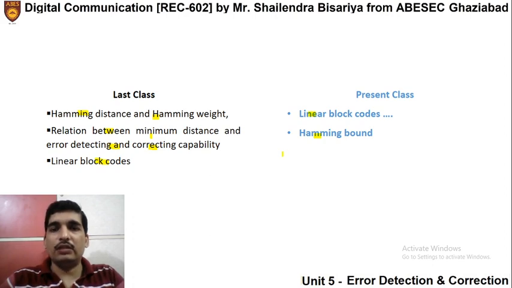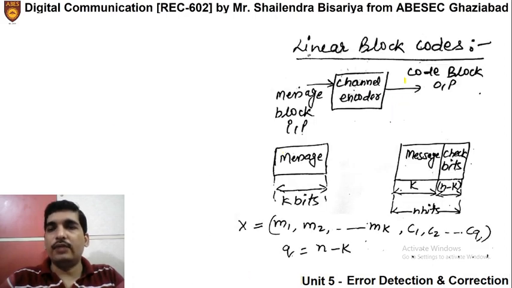So let us start. First of all, what we discussed in the last lecture about linear block code is that when a channel encoder receives a block of message bits, let us say k message bits, it gives a coded output that includes the k message bits with check bits of size n minus k, so that the total number of bits in the code word is n bits.